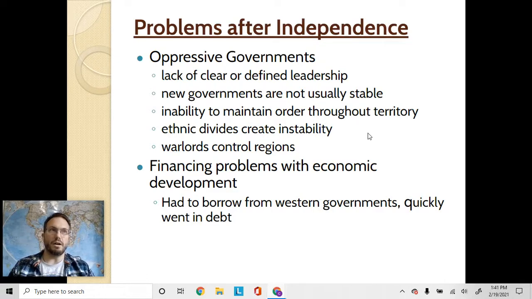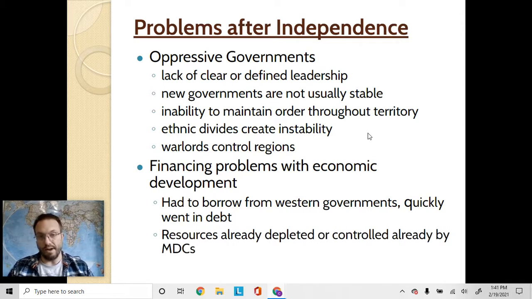So many African countries specifically, because they're so new, had to borrow a lot of money from the people who used to rule them as imperial powers, which means that a lot of African countries quickly went into debt, because how do you pay that back if you don't have the industry to be able to create an economy? How do you pay it back when you're still struggling to even feed yourself, right?